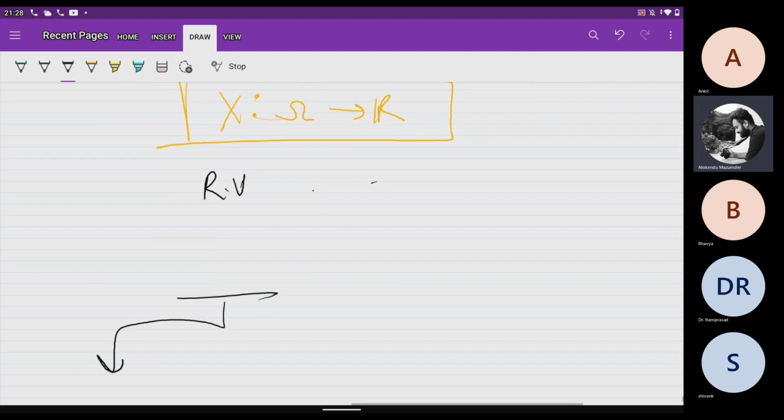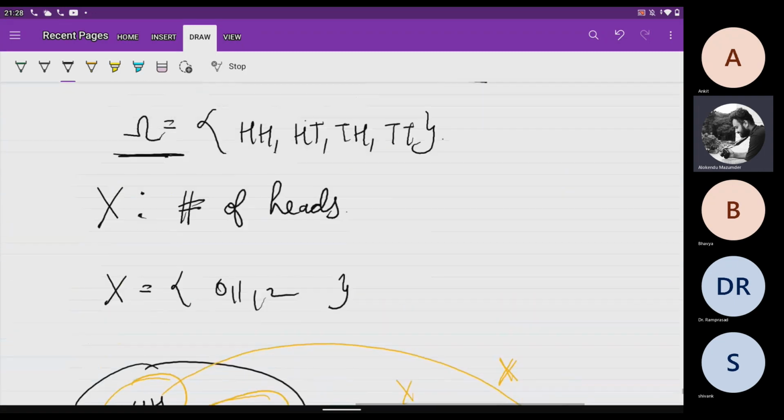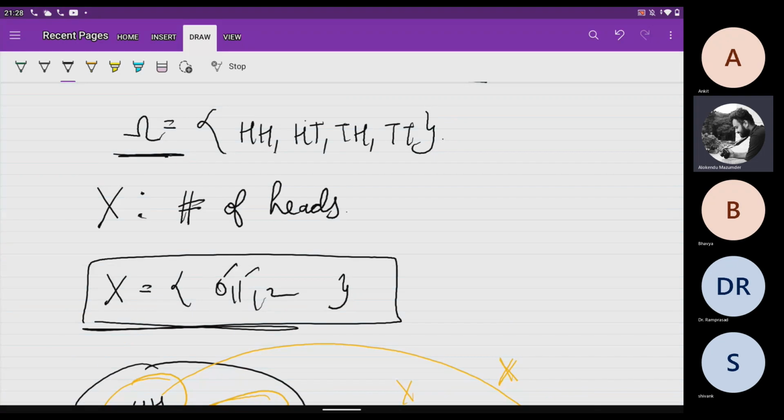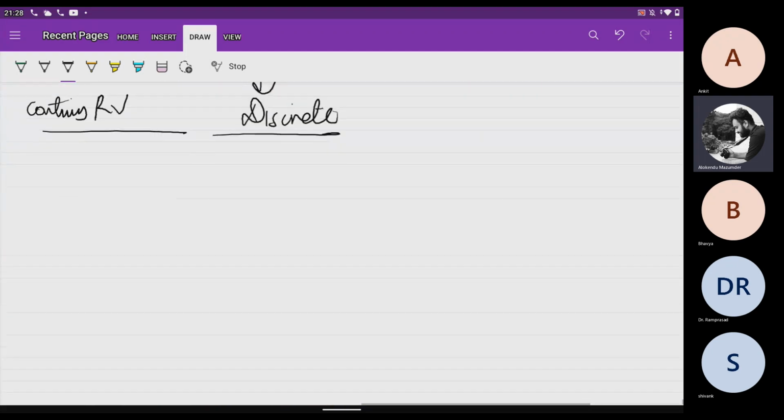They can be continuous and they can be discrete. In this example, we can clearly see the random variable can take discrete values, right? So x here is a discrete random variable, or DRV. Now I will give you an example of continuous random variable.